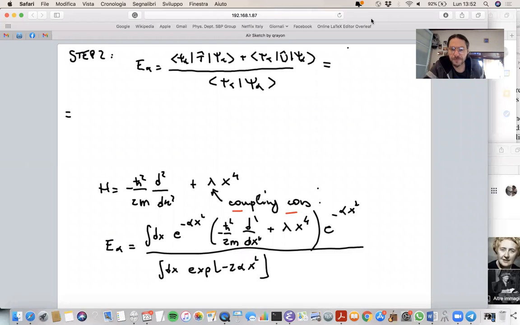Okay, so I've done my calculations. Let me tell you what is the result of performing this integral. You can check this using any computer algebra code. I'm going to use different colors for different terms. So let's say this, this, and this.